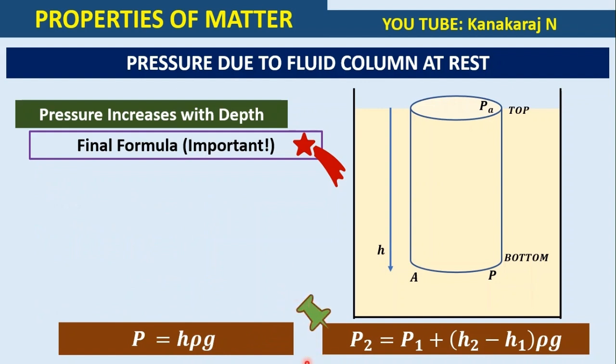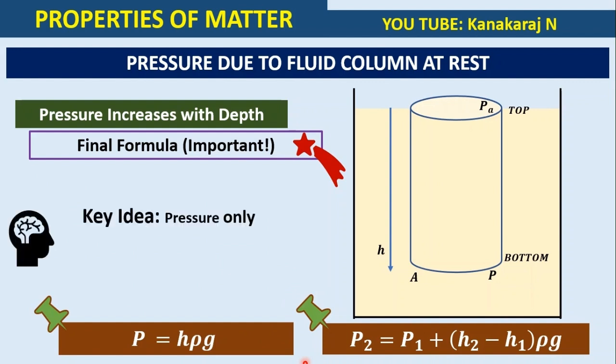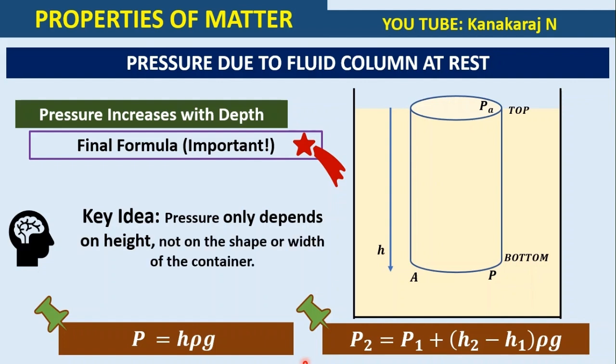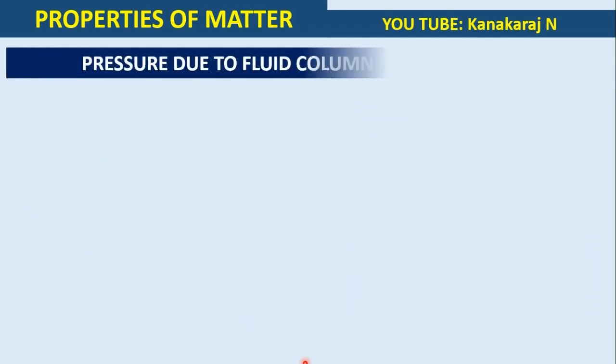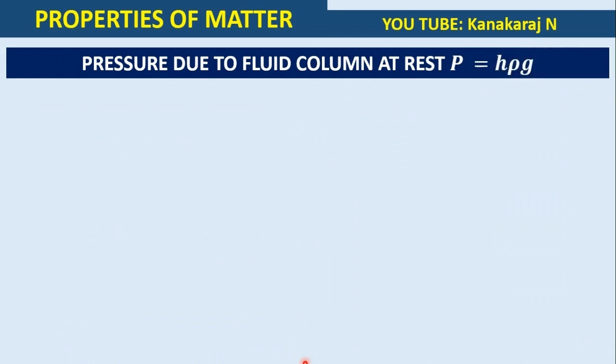Let us summarize these two formulae. The key point: pressure only depends on height, not on the shape or width of the container. Pressure due to a fluid column at rest, P equals H rho g. Here we are not considering the atmospheric pressure.